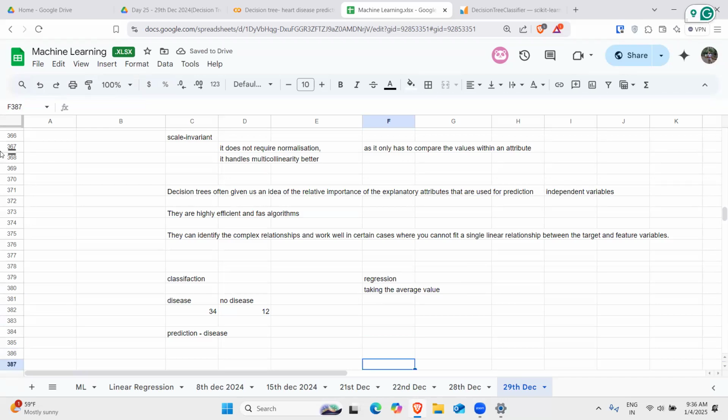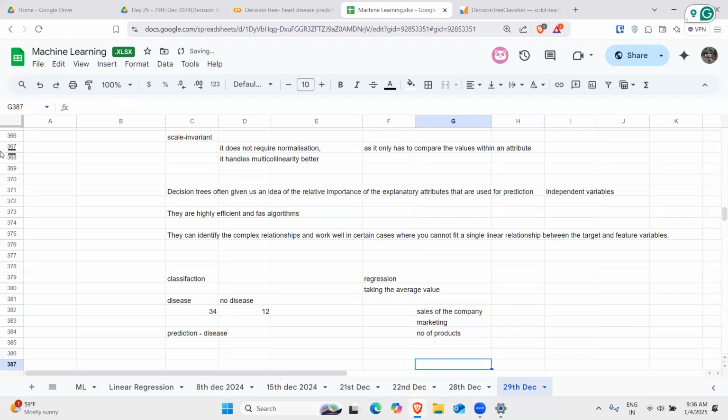For example, you are predicting the sales of your company, which will depend on various factors such as marketing, number of products, right? And you want to predict the sales of the company.